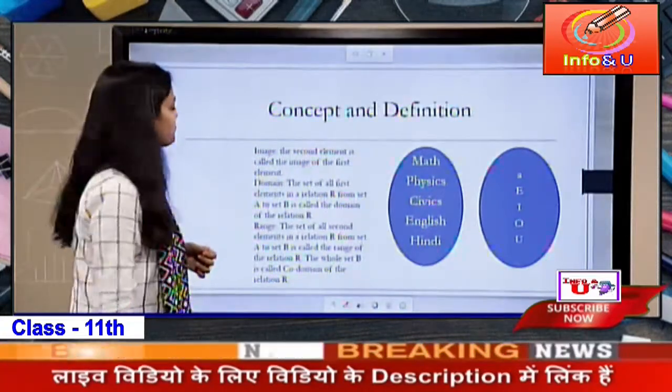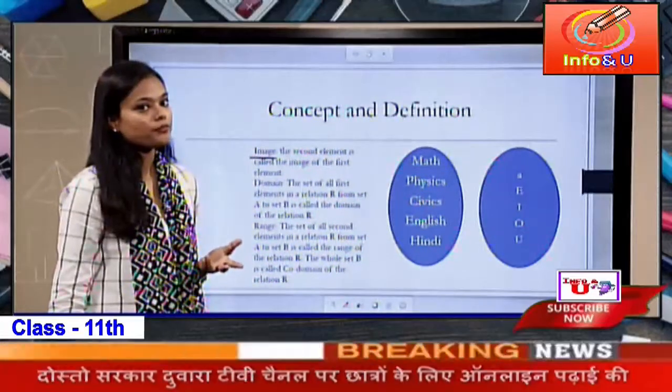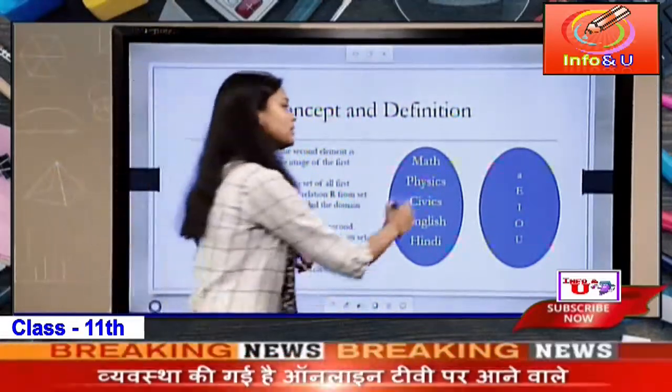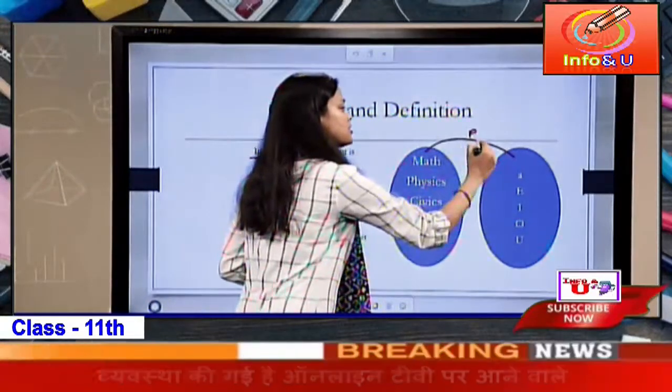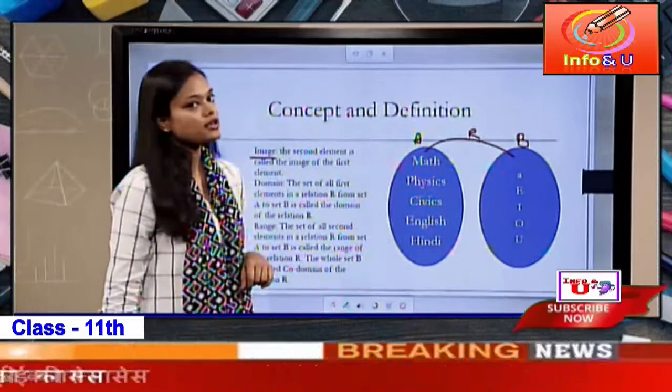In this, the first terminology is image. Remember what we have seen? This is our relation, set A, set B. What was our relation?